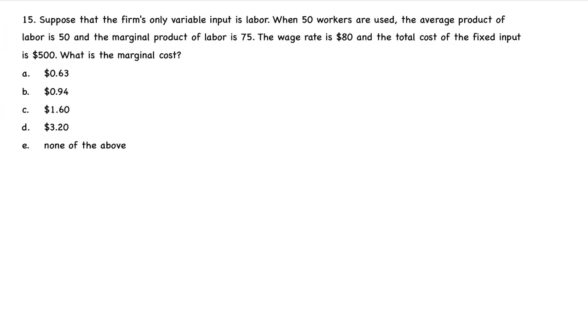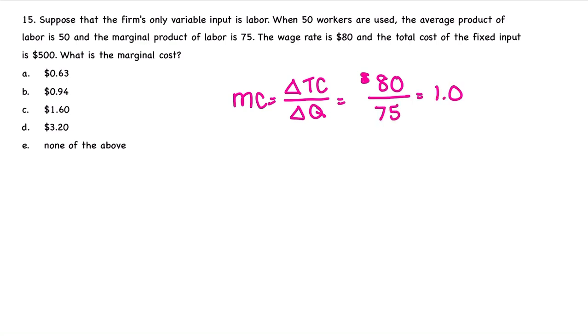What is the marginal cost? So marginal cost, this is the exact same problem. Marginal cost is change in total cost divided by change in quantity. So 80 divided by 75 is 1.066, which is none of the above.